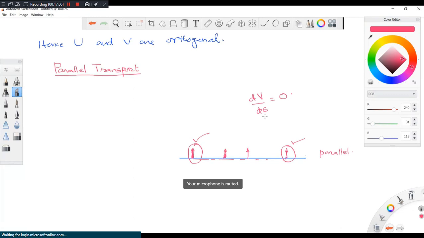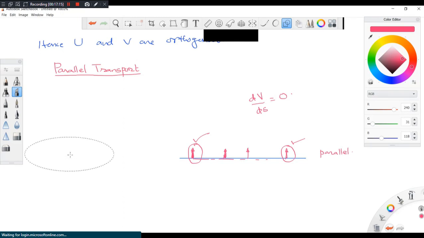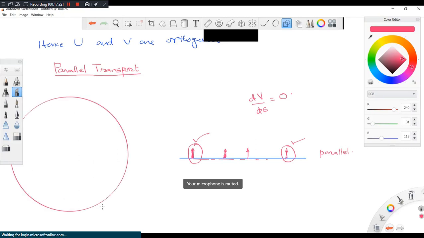Now suppose you imagine a situation in which it is not a straight line. For example, suppose I have a circular kind of thing, a circle.